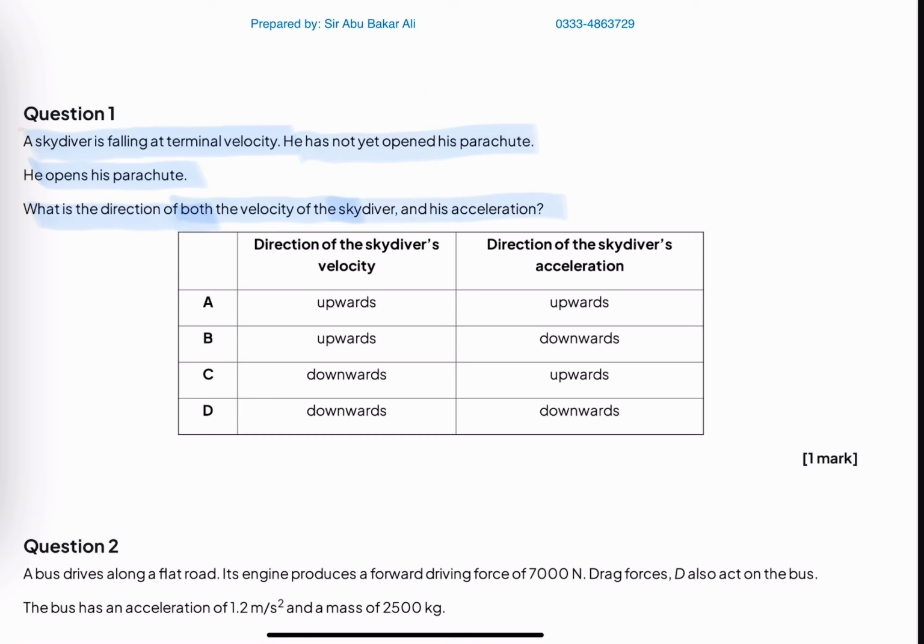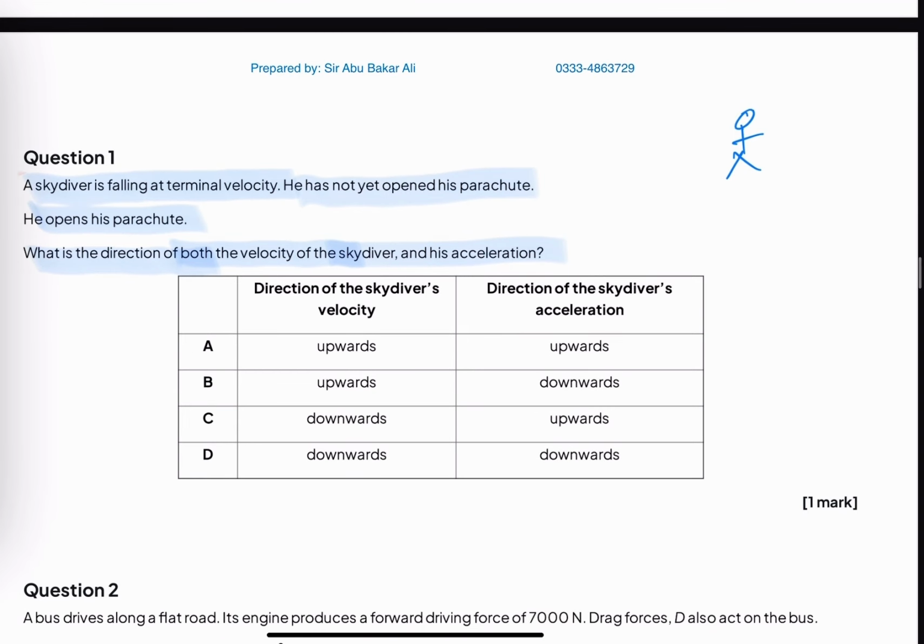Okay, so it's a free fall motion, and a skydiver is falling from some height and you have to comment about its velocity and acceleration. So even after opening the parachute, it will still move downwards, so its velocity direction will be the same. And acceleration is basically the rate of change of velocity. When the parachute opens, velocity will decrease.